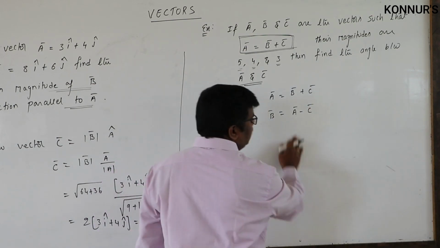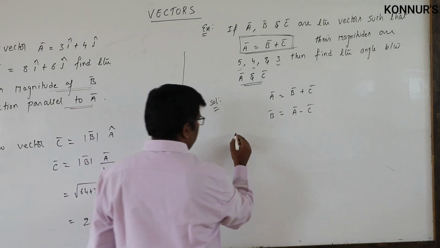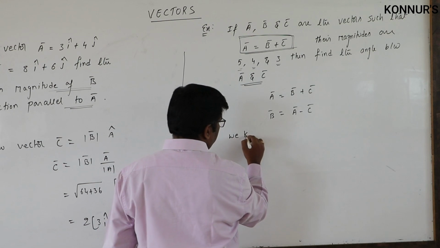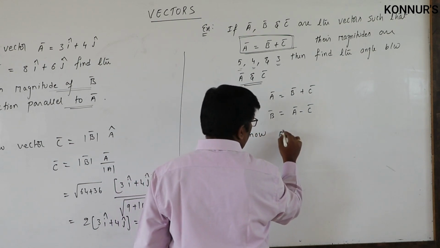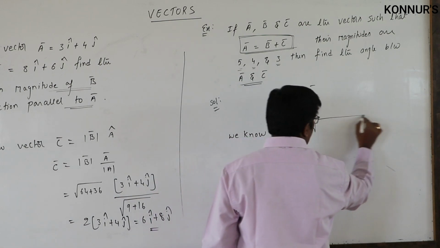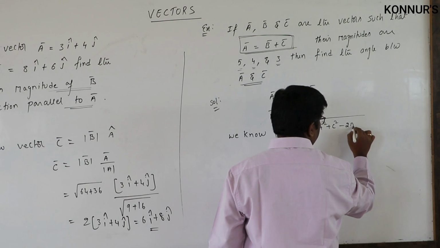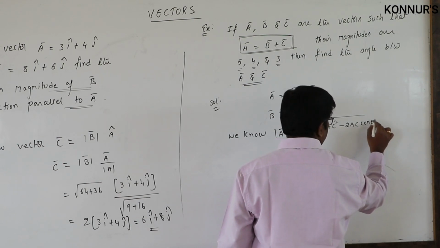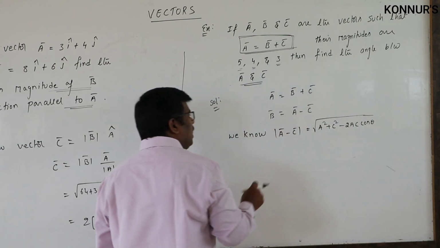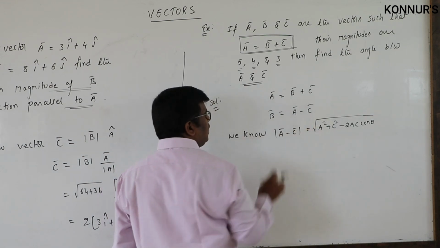We already discussed that the magnitude of the difference between vectors, modulus of a bar minus c bar, is the square root of a square plus c square minus 2ac cos theta. We know this. Now I am multiplying the same vector with the same vector again.